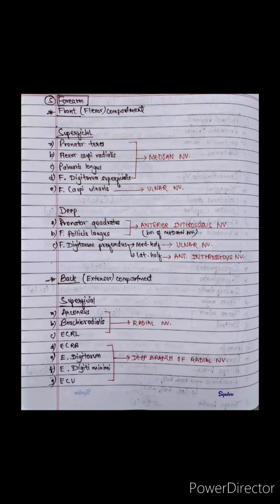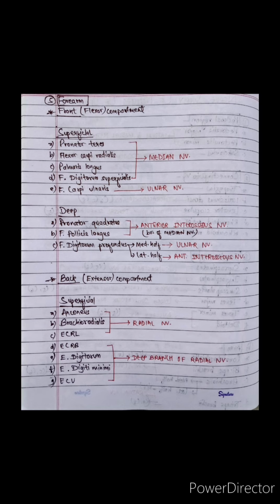Number 5. Forearm. First let's see the muscles of front or flexor compartment. Superficial muscles. Pronator teres, flexor carpi radialis, palmaris longus and flexor digitorum superficialis are supplied by median nerve, and that of flexor carpi ulnaris is supplied by ulnar nerve.